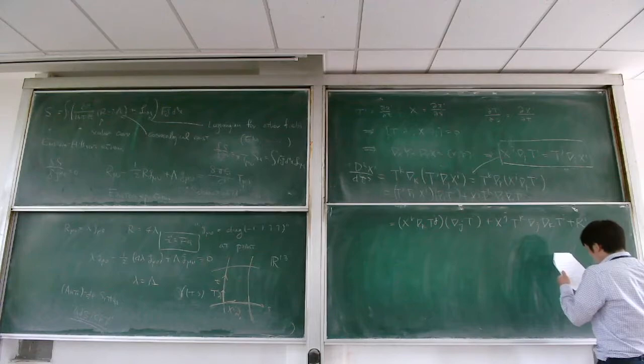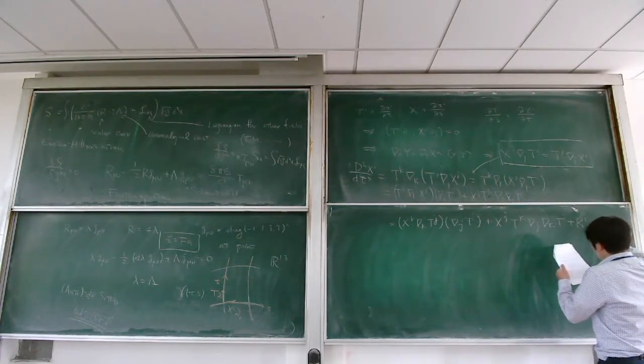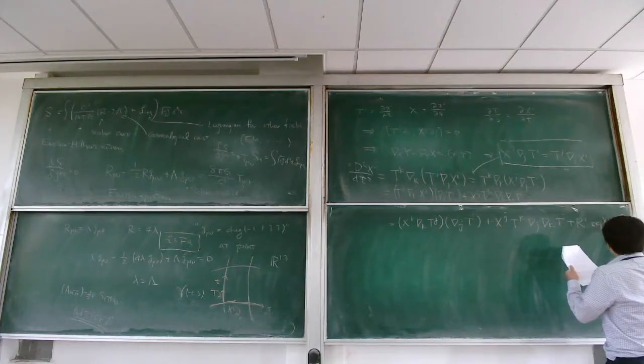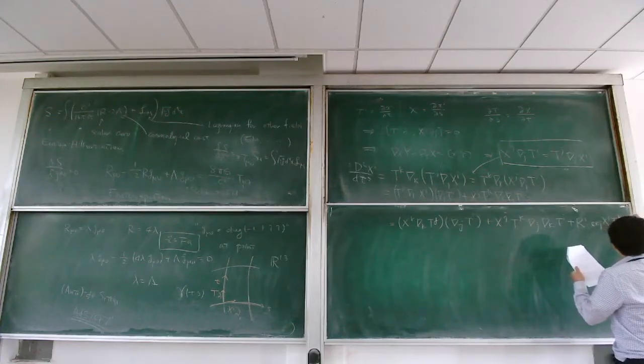Sorry, I think I made a stupid mistake. I think it should be R^i_{lkj}. Sorry, there are lots of typos in the lecture. I will correct them right after the lecture.